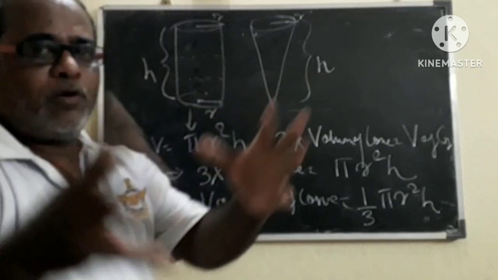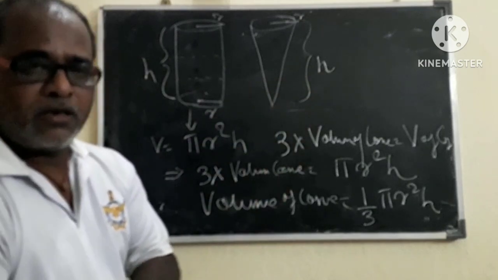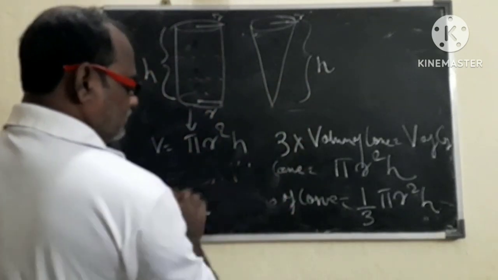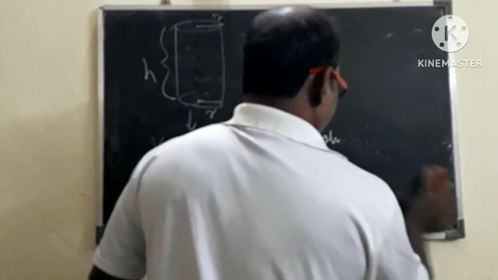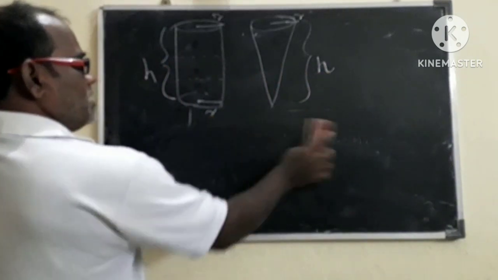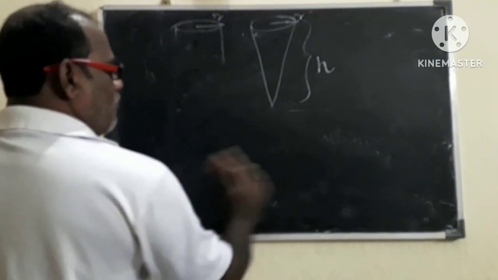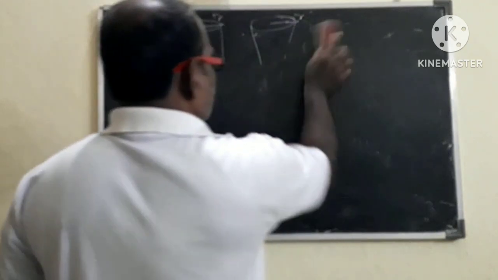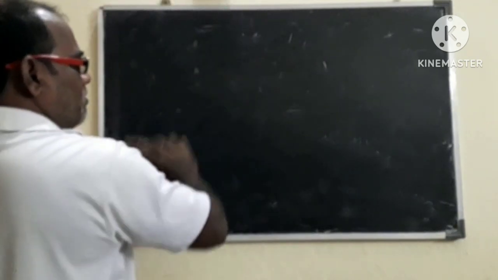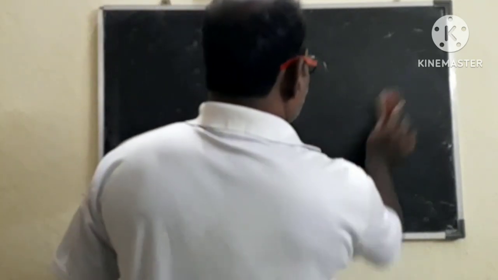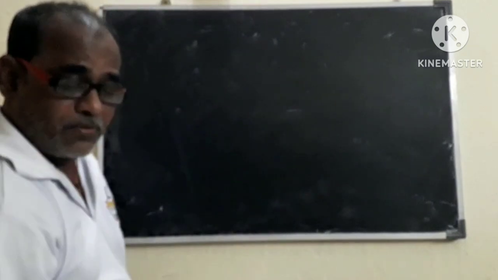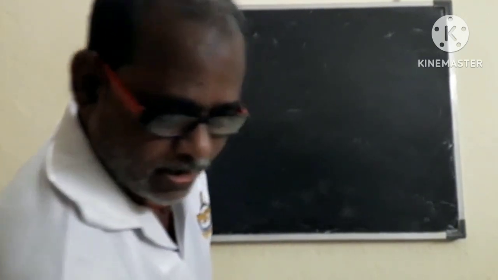Let us go with one more geometrical figure, that is sphere. Sphere is in the form of a football, you can say, or volleyball, or you can go with a tennis ball, or a cricket ball. So sphere is a 3-dimensional figure.